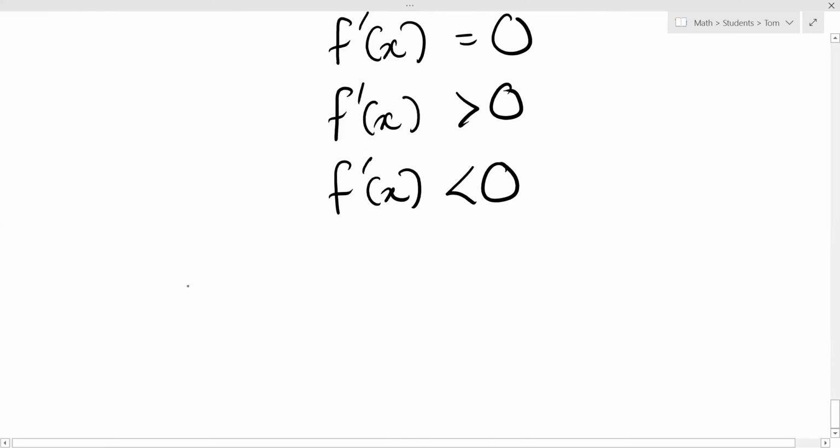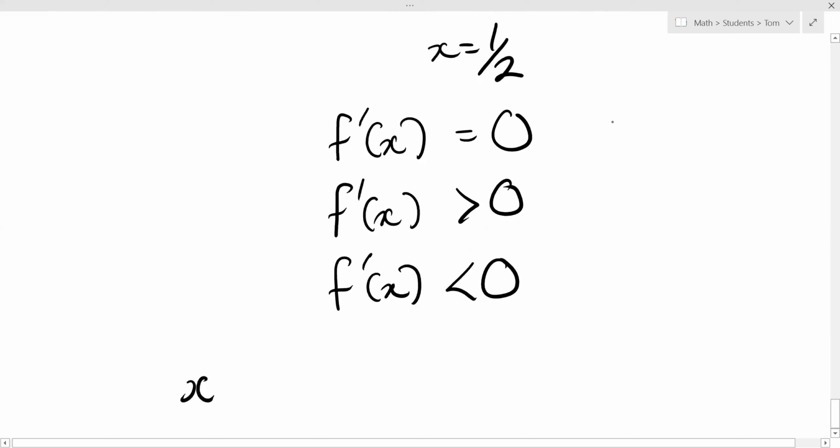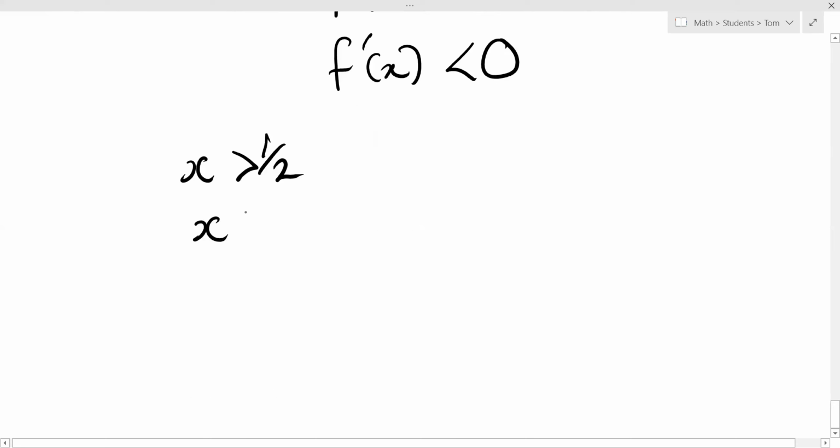Because we know that f prime of x is equal to 0 when x is equal to half, we're going to check when x is greater than half and when x is less than half.